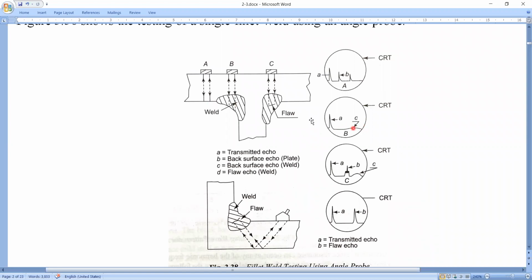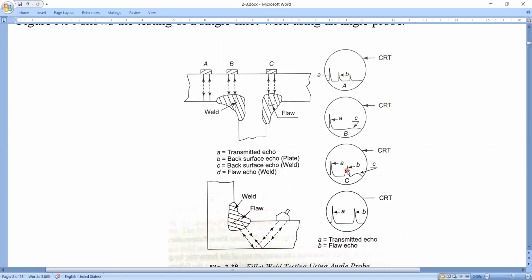If there is any defect in the fillet weld, now see the scan on the CRT screen for C. Here we have a crack inside the fillet weld, then you can see the echoes. Here we have a smooth curve alteration, but here we have some extra peak echo. Based on this echo, we can find the flaw.